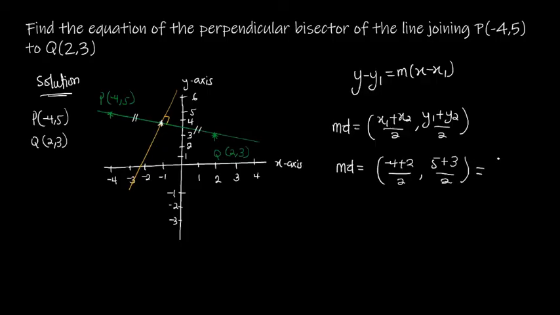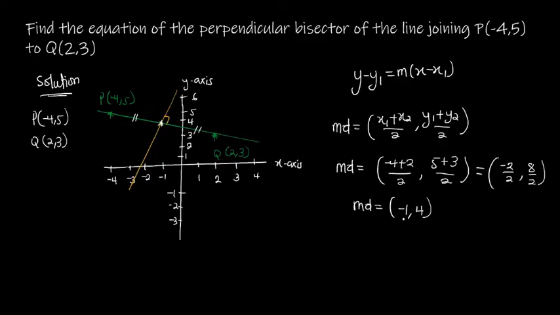So this will be equal to negative 4 plus 2 will give me negative 2 on 2, comma 3 plus 5 will give me 8, this is also on 2. So my midpoint value is now equal to (-1, 4). So the midpoint over here is (-1, 4).